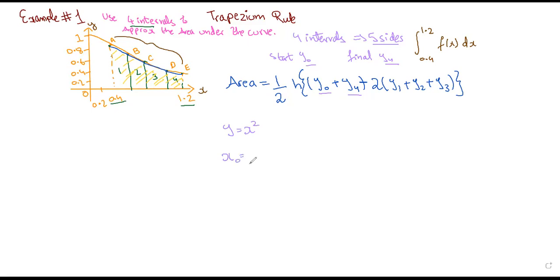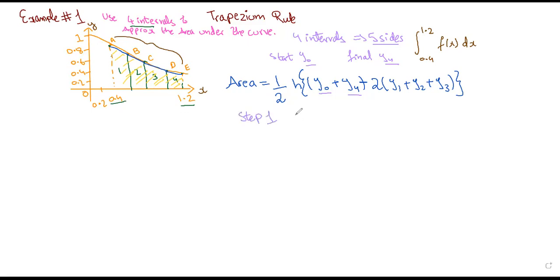What is our x0? X0 is the starting x, basically the one whose area we are finding. This one, 0.4. So y would be 0.4 squared. We will discuss this type of example after this one, but here we need to find the y's and x's from the graph. So first, step 1.